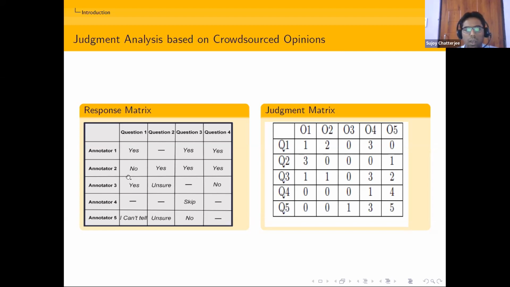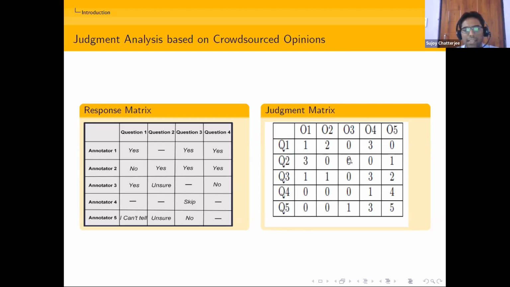So if the decision maker wants to make the final judgment, in that case, he can do simple majority voting. On the right hand side, we can see this is a judgment matrix where row wise there are questions and column wise there are the options. So here there are 5 options like yes, no, unsure, I can't tell, skip, and this denotes the weight.